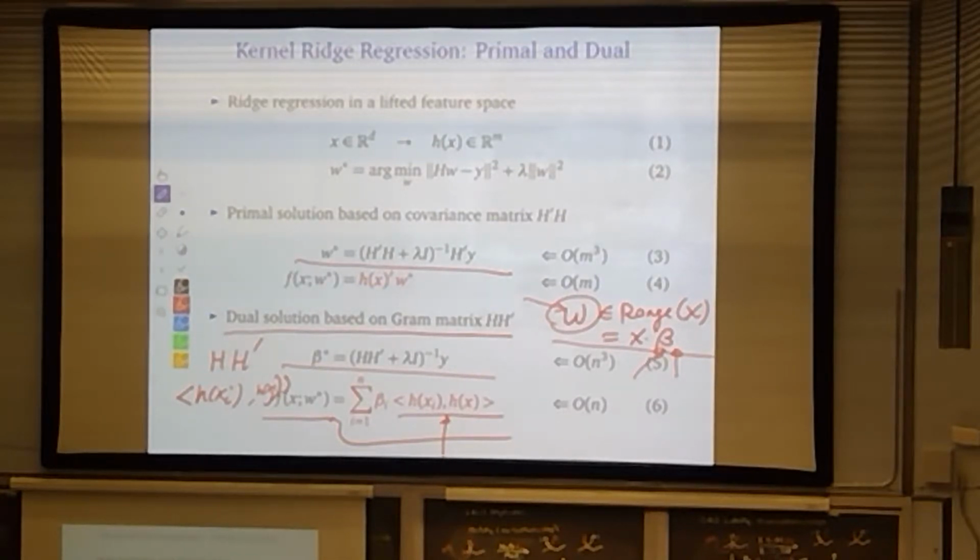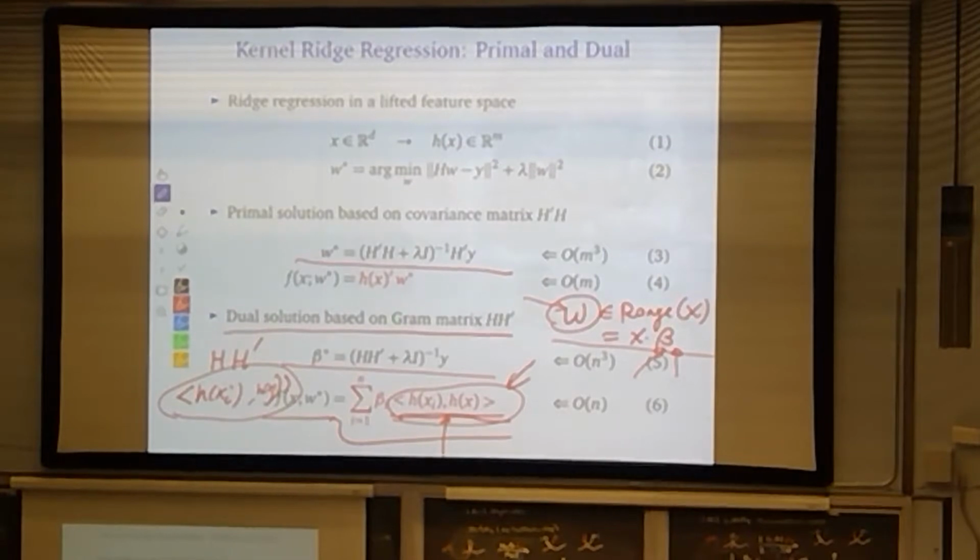So all you need is just the kernel function. So this is where, since I only need this, why don't I just use a black box function, given xi and x, any test point x? So long as I can return this function to you, I don't have to calculate h.